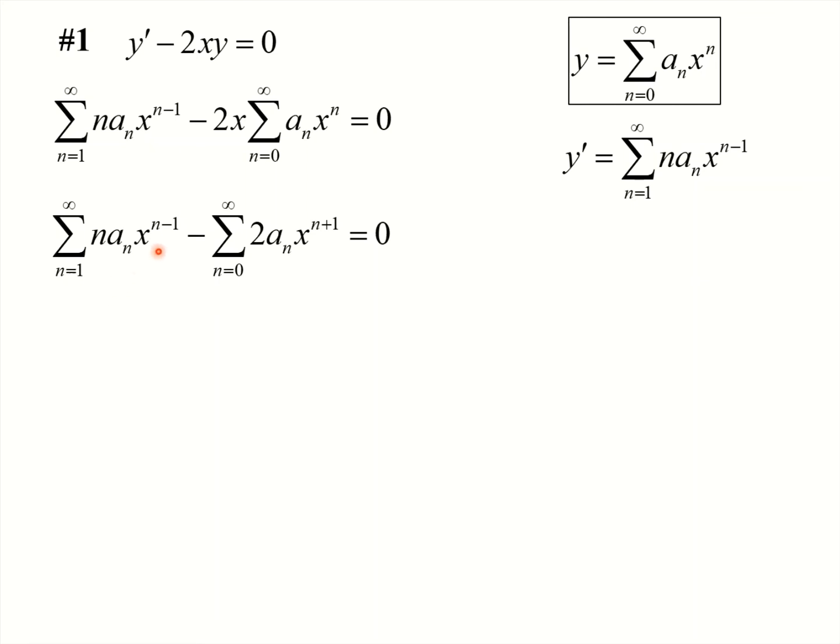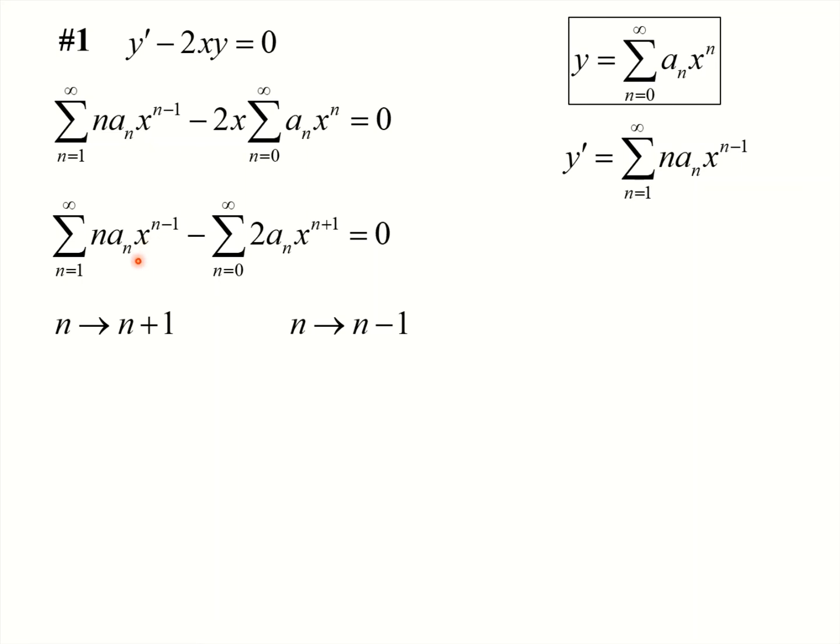I want to replace all the n's. There are 1, 2, 3, 4 occurrences of n's here, actually 5 if you count n goes to infinity. I'm going to replace those n's with something that would put just an n up there. So I'm going to replace that n that you see the red circle near with an n plus 1. That would make it x^(n+1-1), which would just give me x^n.